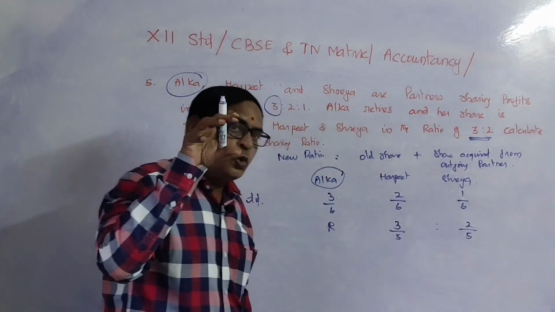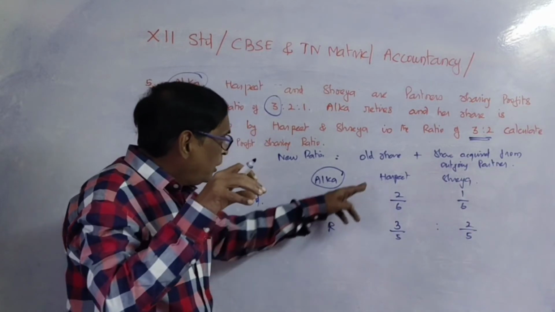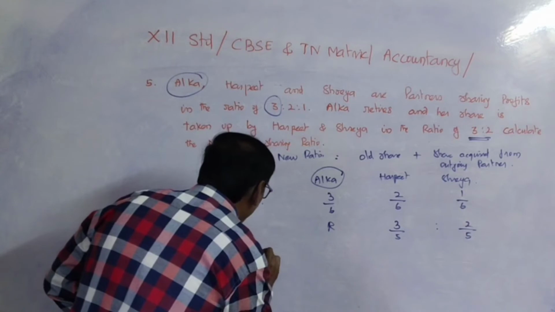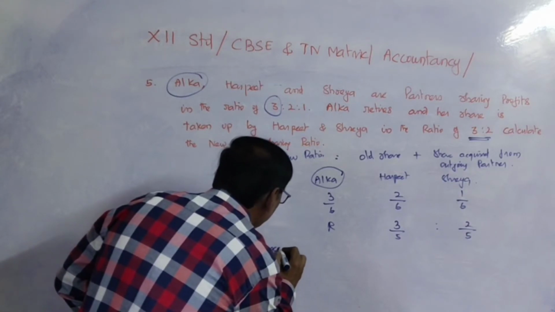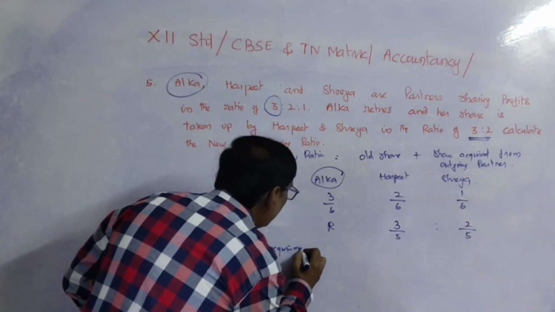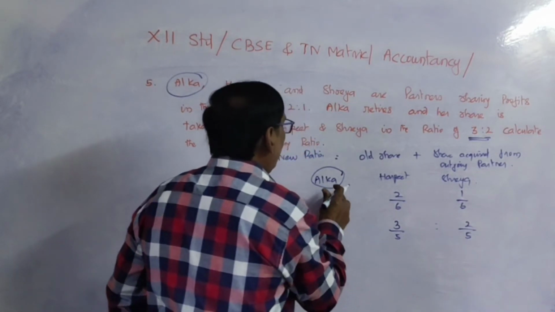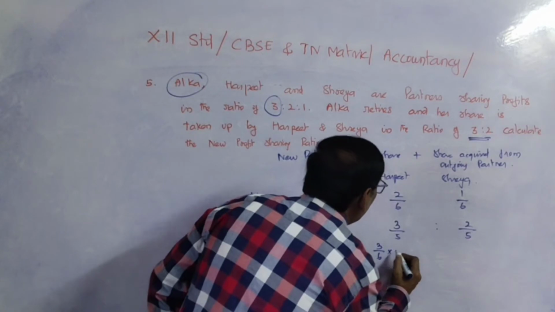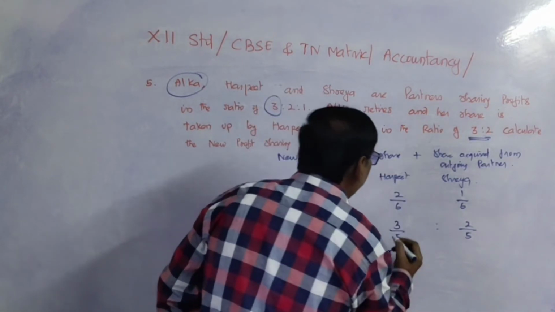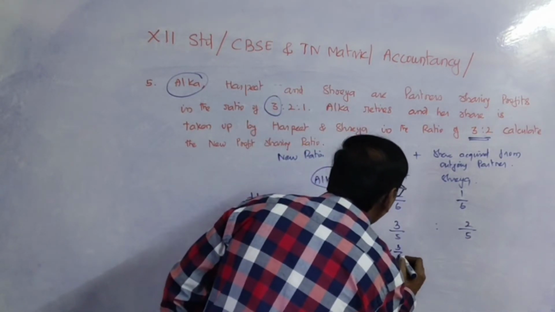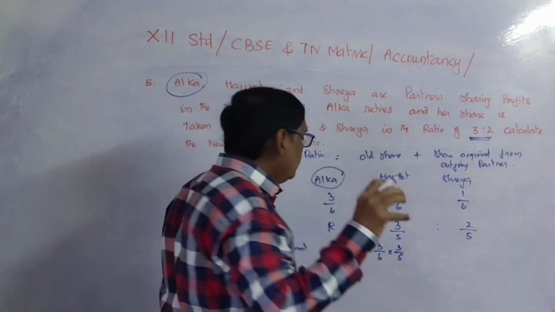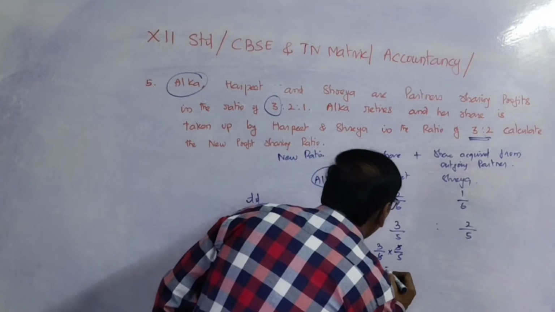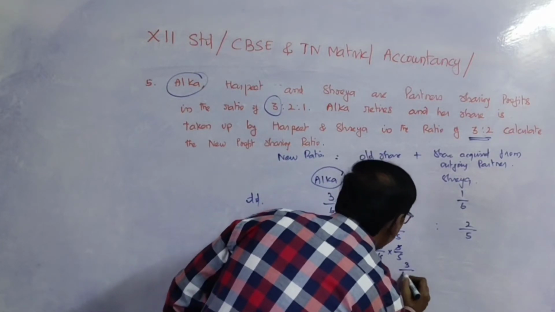So how much total share is acquired by Harpreet and Shreya? We will find out. Alka's share is 3/6. In the ratio they are acquiring, Harpreet 3/5. So the total portion is 3 into 5 times 2, 6 into 5, so 3/10.